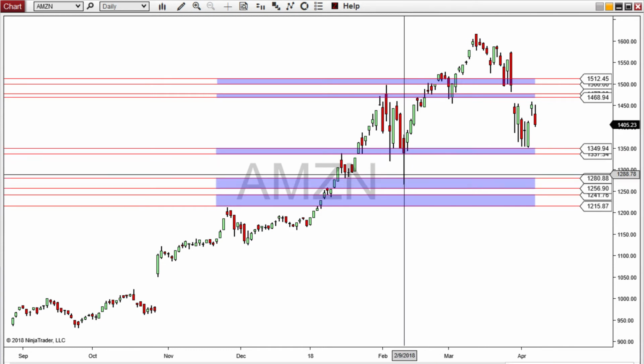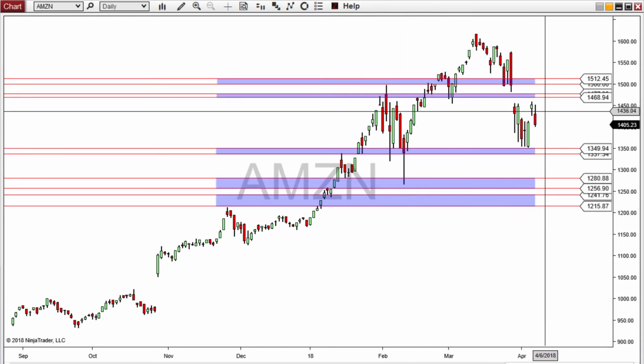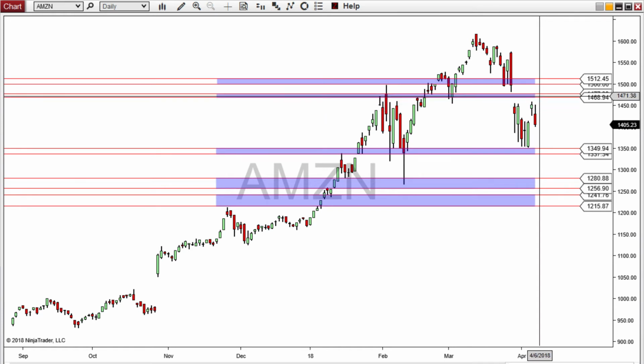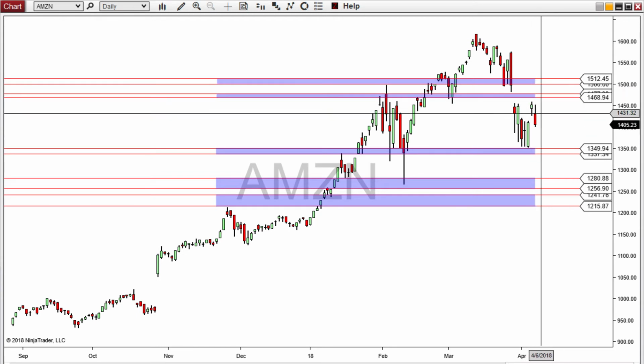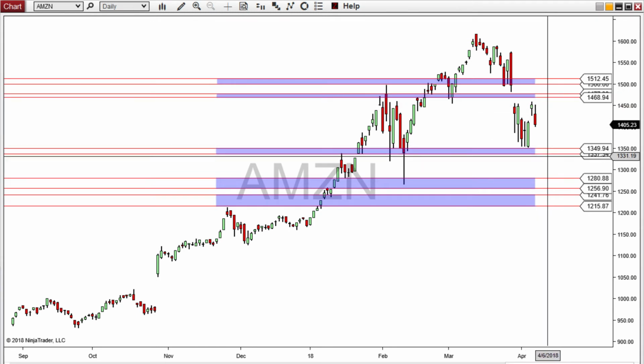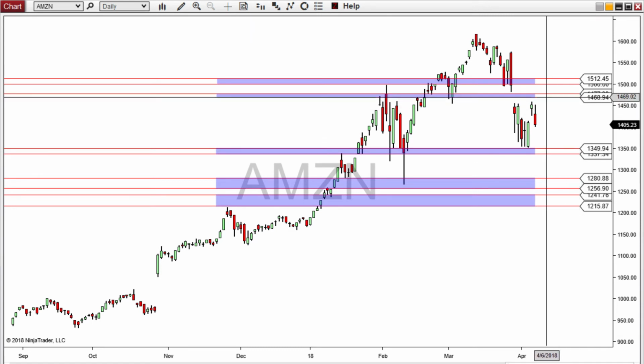This is the February low here. So keep an eye on that. We might get a little bump up here to this 1468. If it bumps up here, look for a setup to play back on the downside. So basically that's what we'll be watching.